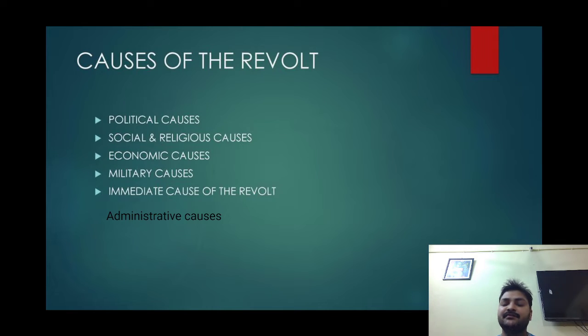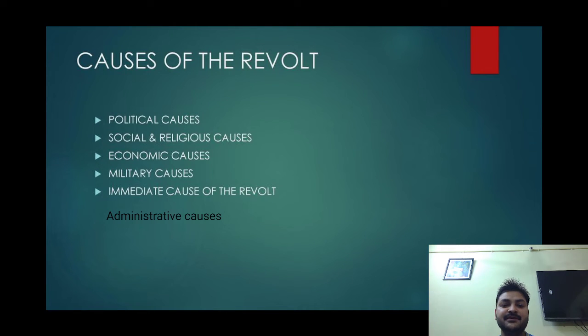Military causes: the military was not happy with the Britishers. Indian soldiers were not happy with the Britishers. And there were some administrative causes. See, when you start ruling a nation, you must keep in mind that administration is the backbone of any nation. Now, what did they do?